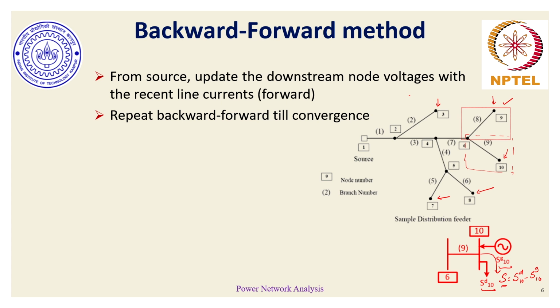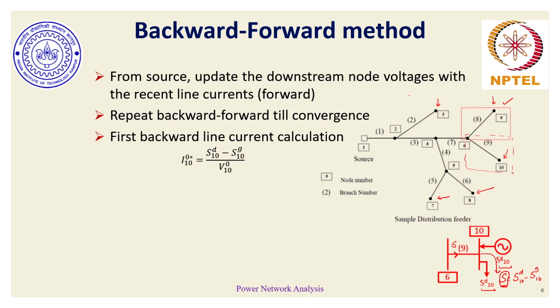And if this is the complex power which is being drawn from the bus, then this complex power essentially should come from this line itself. There is no other path for power to come from. So this S has to flow through this line. In order to have that line carry this power, the corresponding current which it should carry is basically I10 naught conjugate, where the conjugate is the I conjugate value which we evaluated during power evaluation.